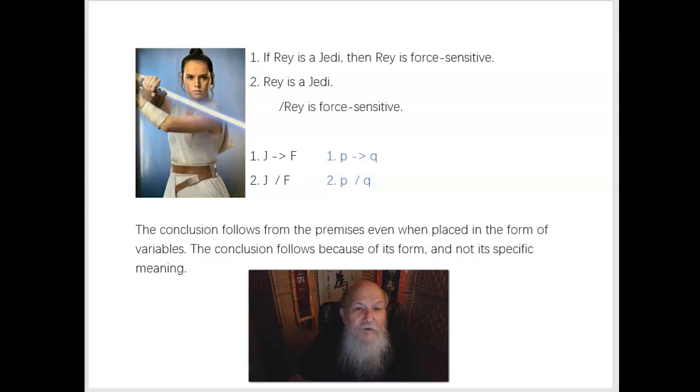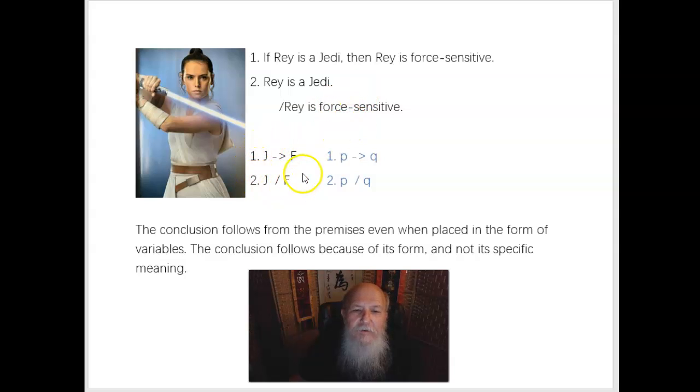Suppose I argued, if Ray is a Jedi, then Ray is Force sensitive, and Ray is a Jedi, therefore Ray is Force sensitive. The claim is that the conclusion follows from the premises, that it is deduced from the premises, and that the premises support the conclusion.